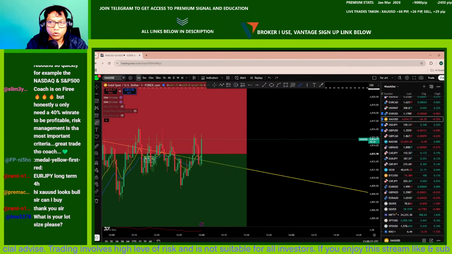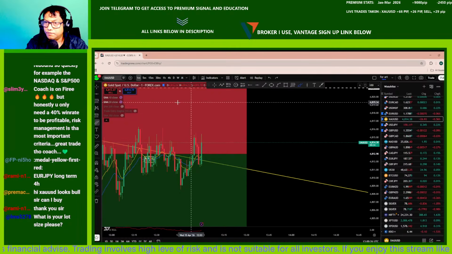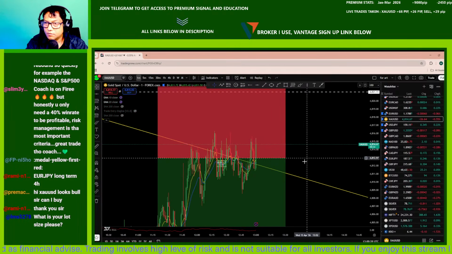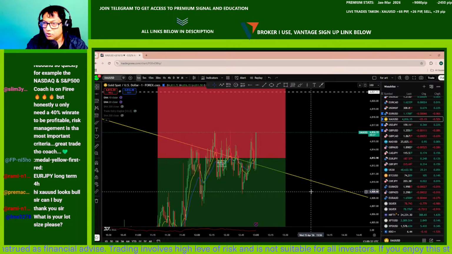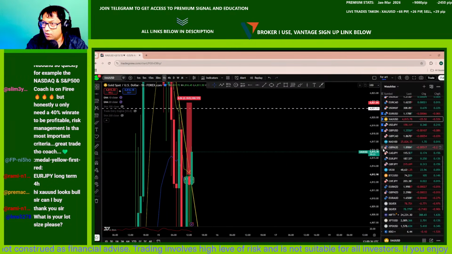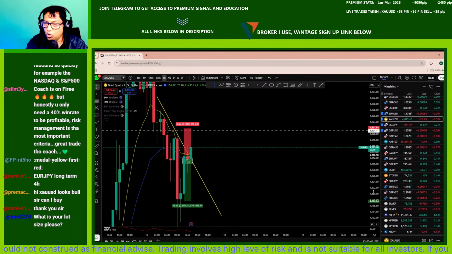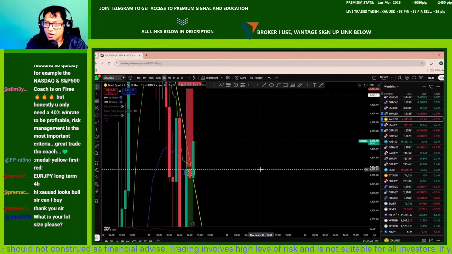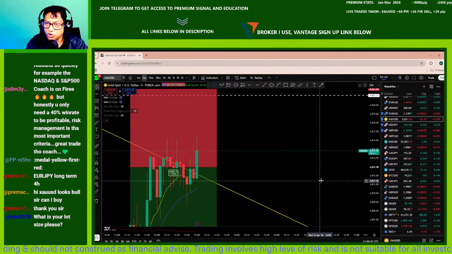I'm still holding on to that. So you saw a 40 pip drop and then a bounce back up from the 1 hour candle close. You can see there was just an hourly candle close. So there is now a possibility for a break of structure.